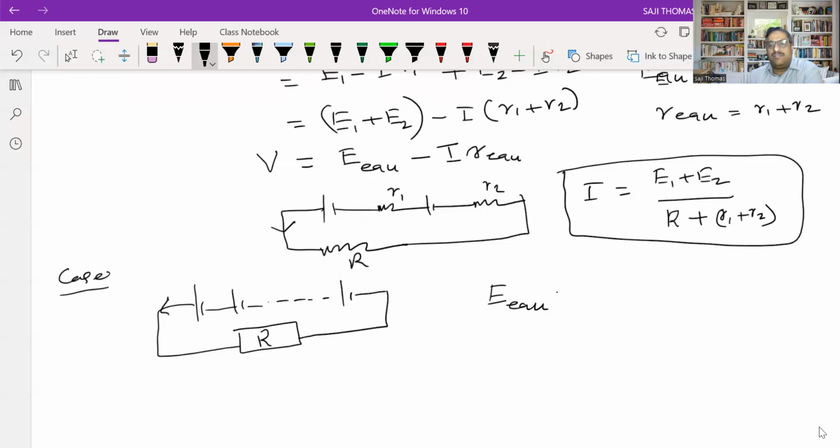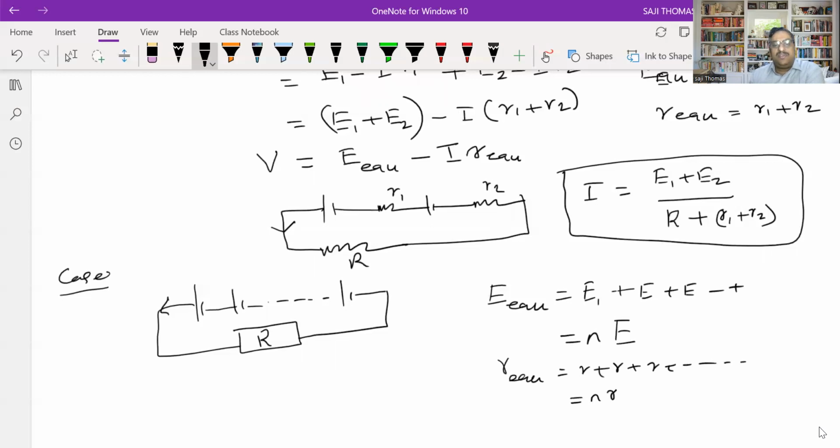E equivalent will be E plus E plus E and so on, N times. So the equivalent EMF will be NE. What will be the equivalent internal resistance? R plus R plus R and so on, so it will be NR. Now you can find the current. Current will be NE divided by R plus NR.